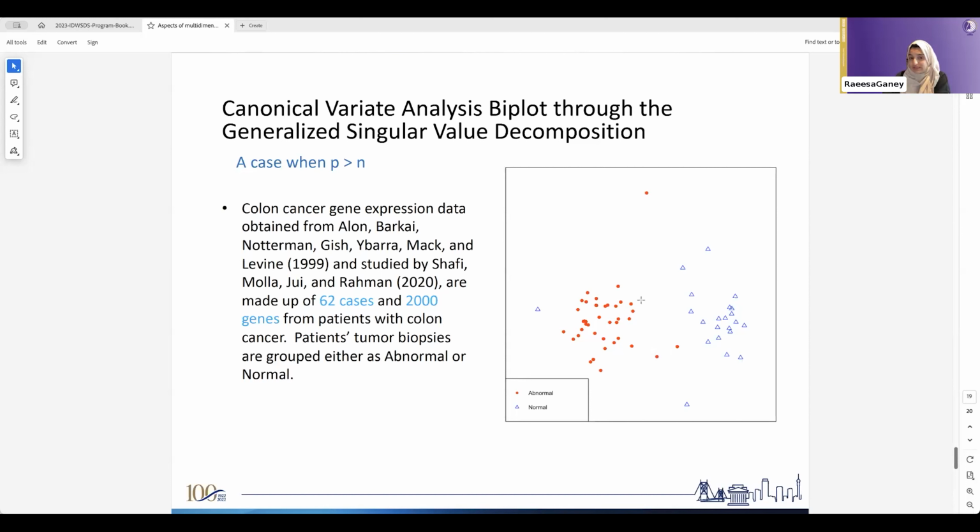Although I haven't represented the variables here, there are 2,000 variables, so you can select the number of variables that you want here. But what this is showing is that I can see a nice separation between the abnormal and normal. And there are some anomalies, like this one is classified as normal, but it's clearly sitting in the abnormal group.